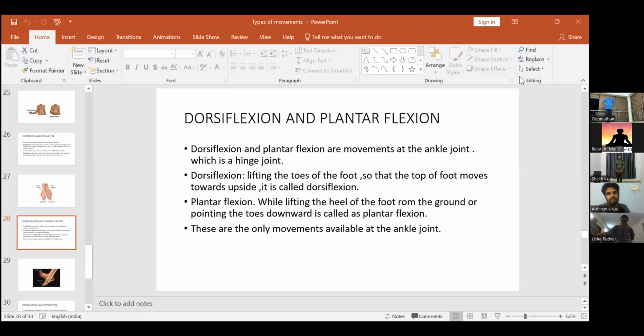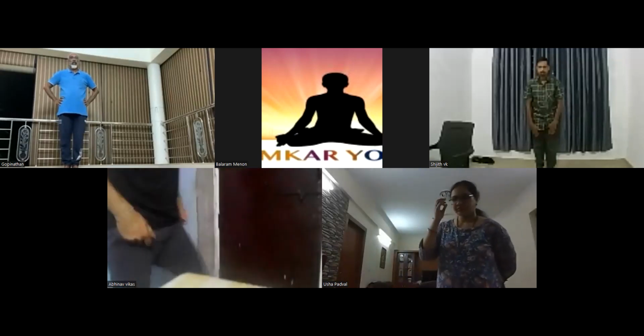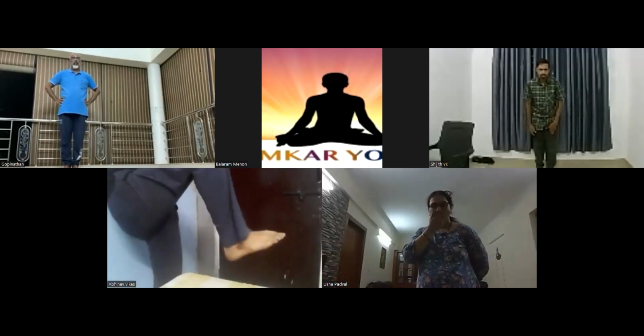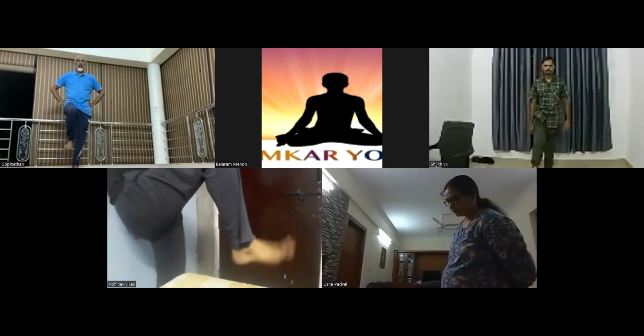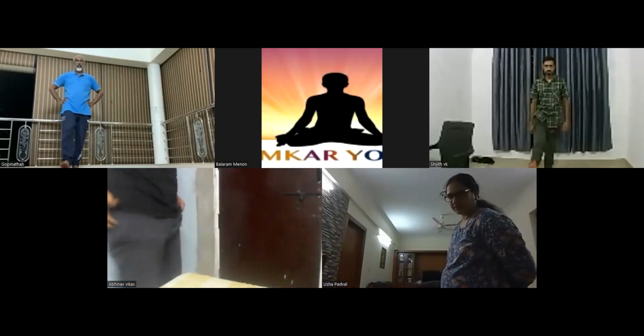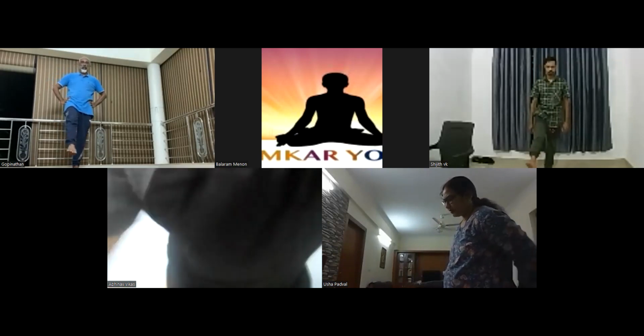What you are doing? See, this is your feet. Dorsiflexion, plantar flexion, dorsiflexion, plantar flexion. Both legs, 10 times, at your comfortable height.